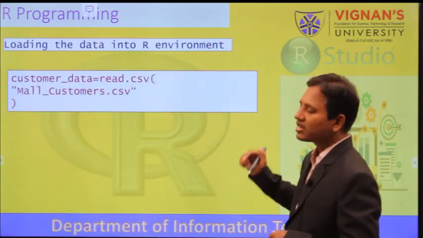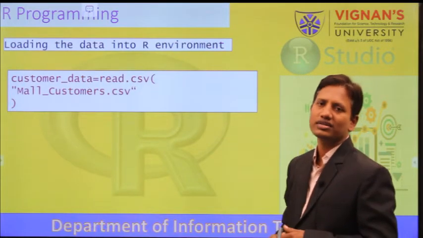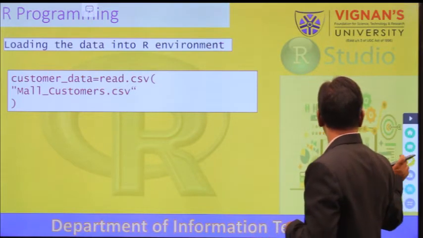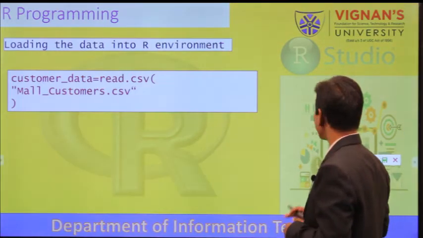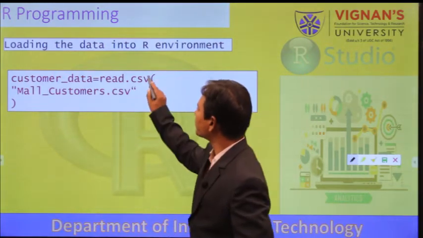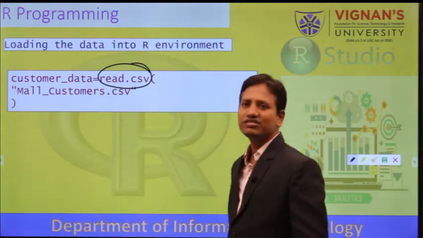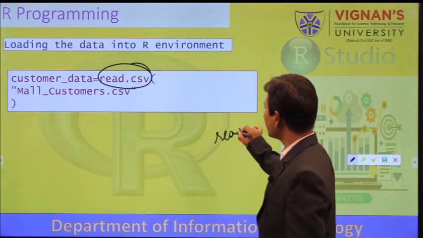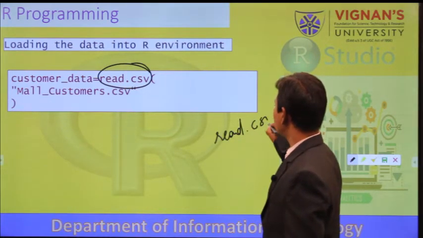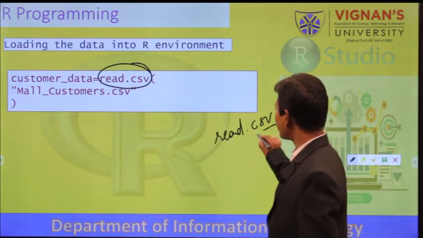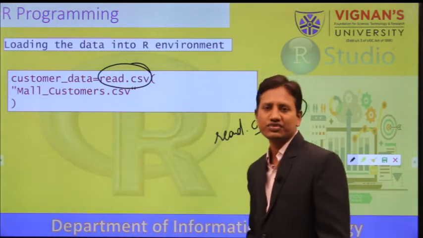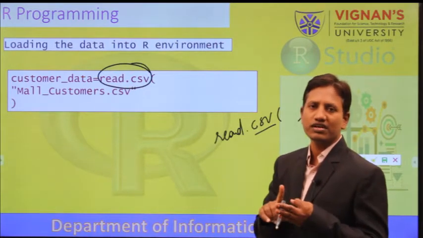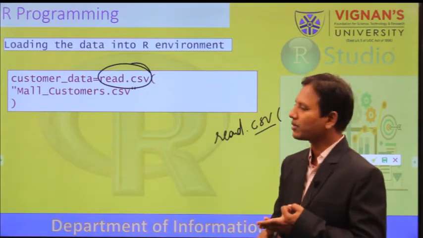So now the next step is loading the data. How are we going to load that data? We have already learned that we have a function called read.csv, and many a time I told you CSV stands for comma separated value. This is the file format.